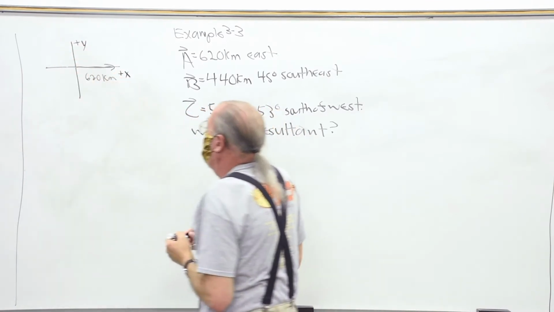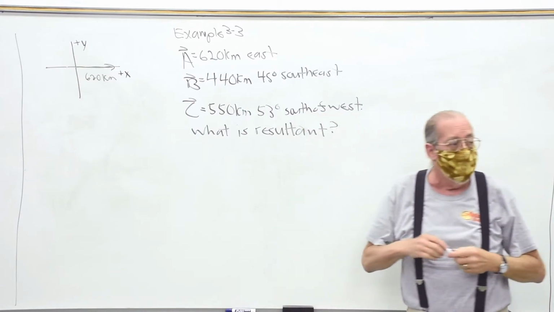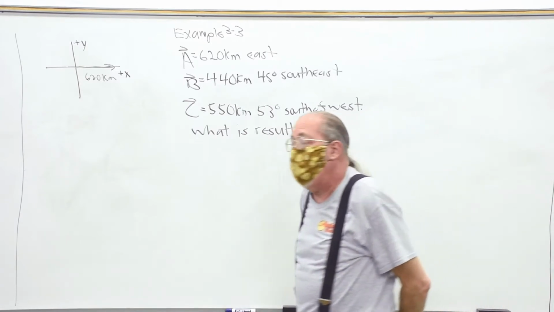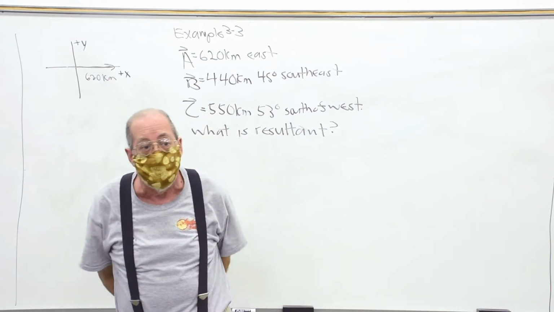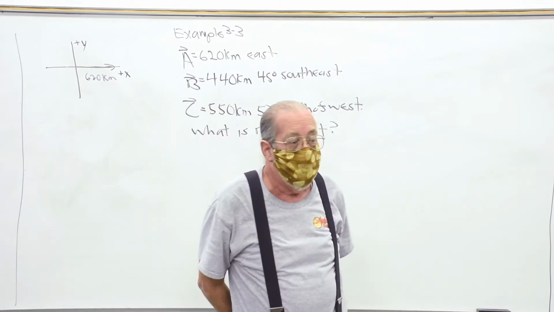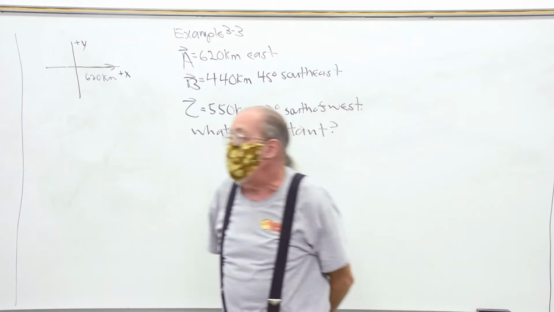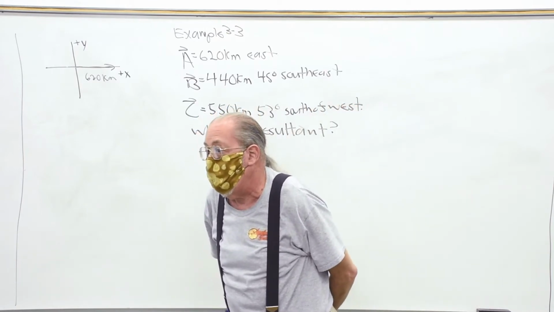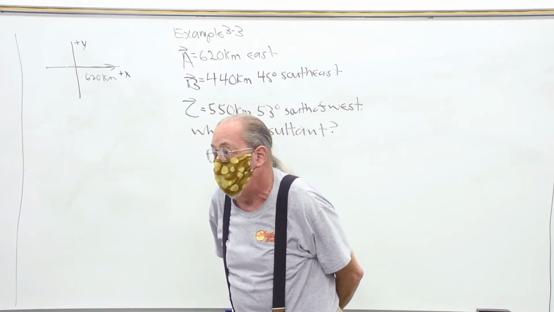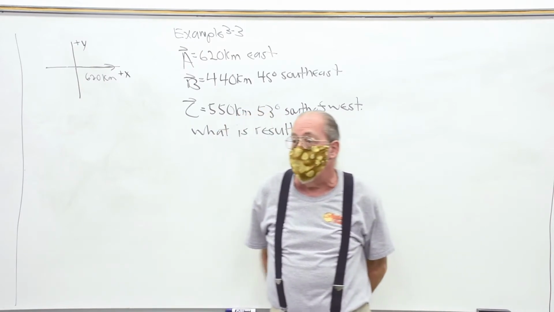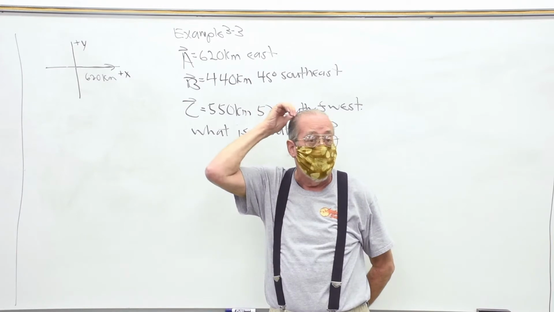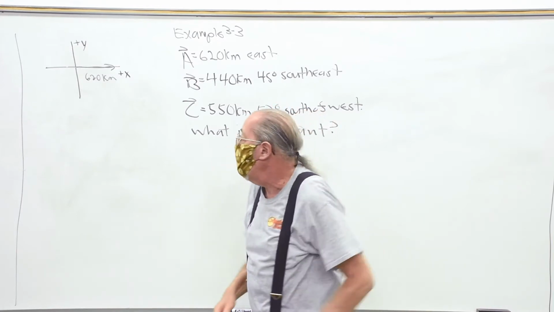we look at this. There's another rule. If a vector is parallel to a coordinate axis, the component of that vector on the other axis is automatically zero. If a vector is parallel to a particular coordinate axis, the other component is automatically zero.